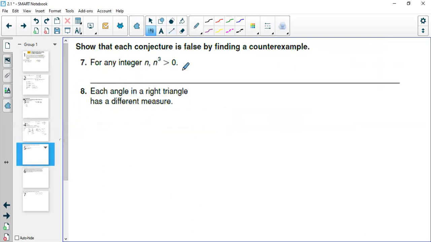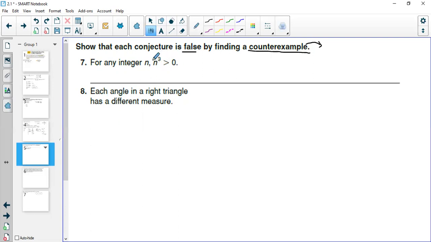Right, let's move on to the next question. Here you need to show that each conjecture is false by finding a counterexample. A counterexample is an example which we give to show that the conjecture is false. The question says, for any integer n, n cube is greater than 0. We have to prove that this is false.